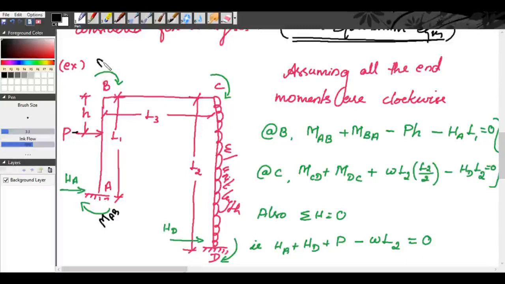Here we have MBA, again clockwise. We are taking the left of B. So, MAB plus MBA.